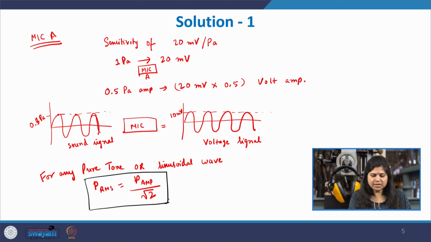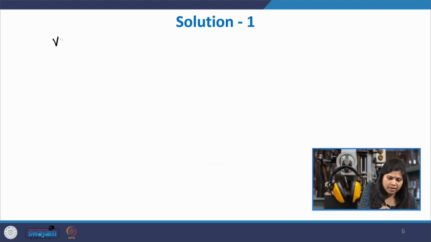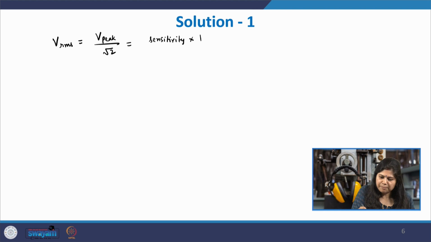So, let us use this and find out. What you get ultimately is that the RMS voltage would be the peak voltage by root 2, and the peak voltage is obtained by the sensitivity times the peak pressure, and that divided by root 2.